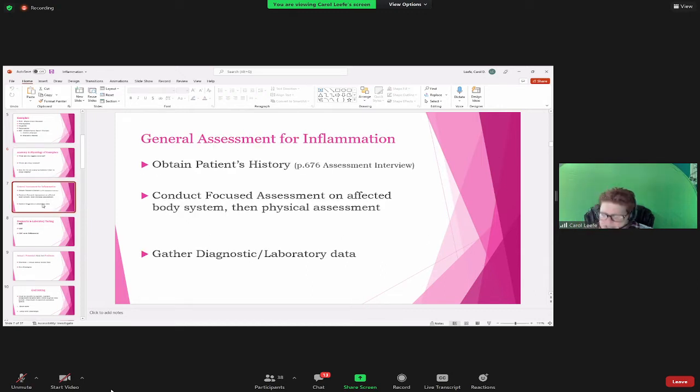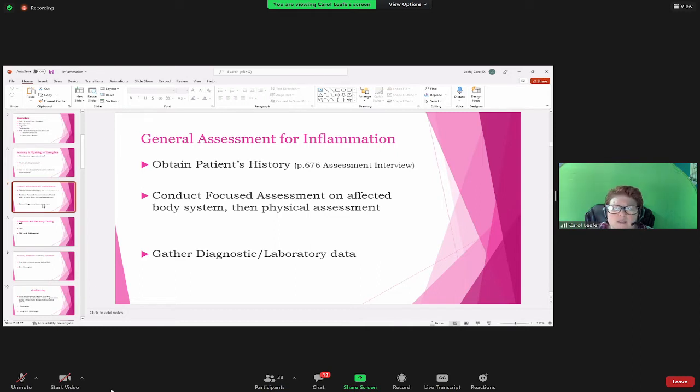Okay, so general assessment for information, don't worry about the page number, 676. There's probably just a little section on assessment interview, but it's imperative to obtain a detailed patient history, especially when it comes to inflammatory processes and responses, those kinds of disease processes.